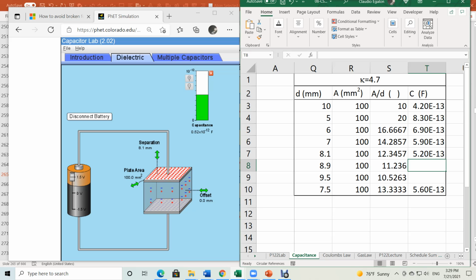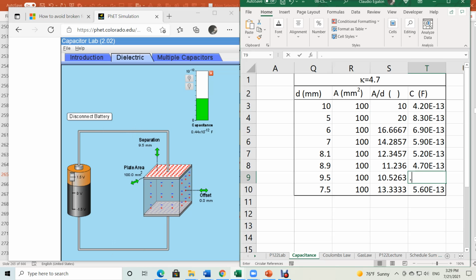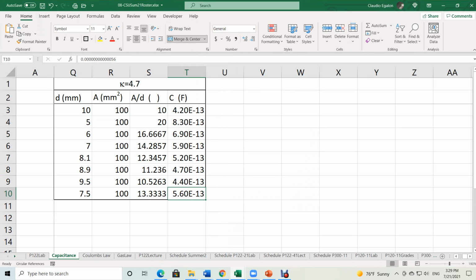Next, 8.9. 0.47 times 10 to minus 12. And the next one is 9.5. Here you go. 0.44 times 10 to minus 12. So we got everything.